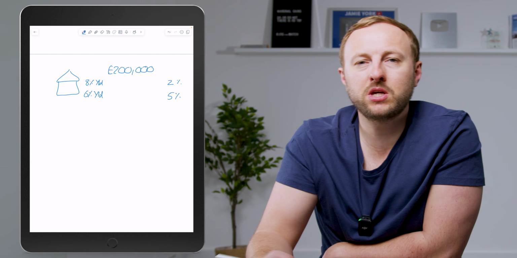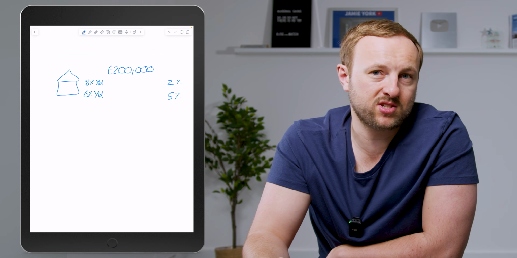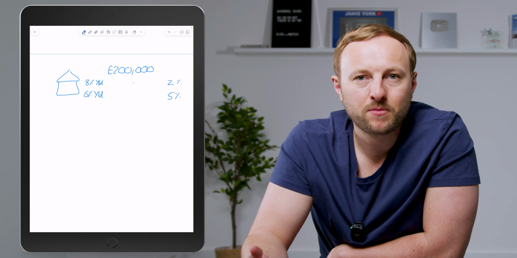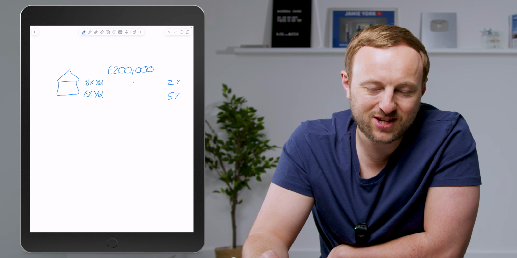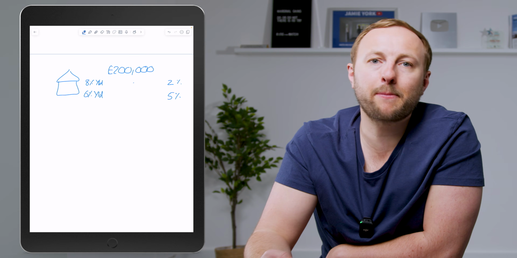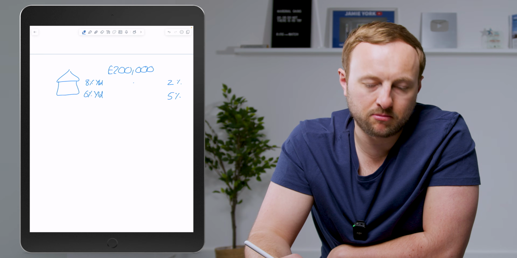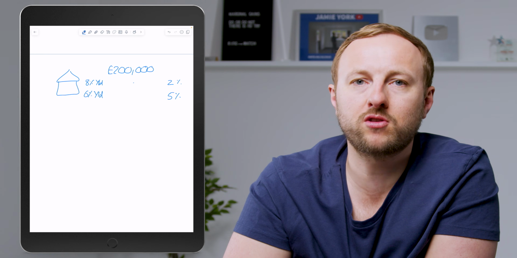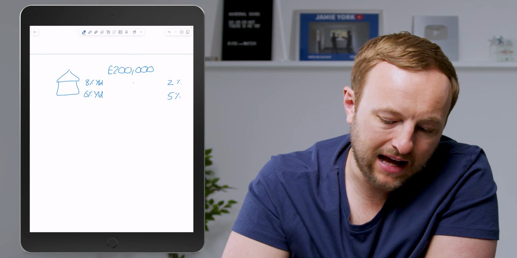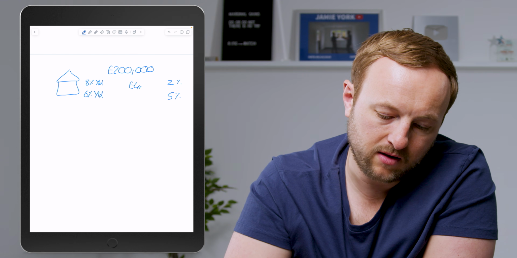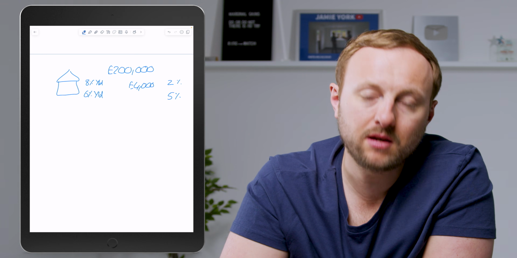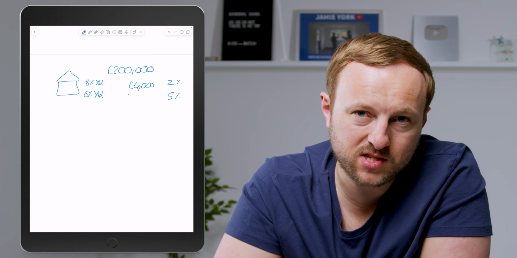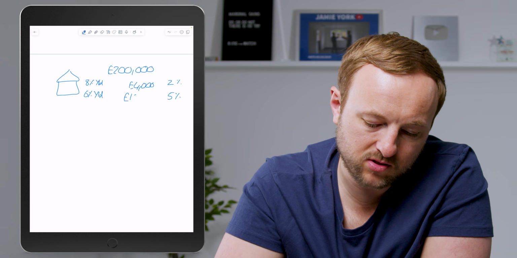Now, what a lot of people would do is go, well, obviously the 8% is better. Obviously not you if you're watching this right now. But actually, the capital growth is what really makes the money, because that £200,000 property adds another £2,000 in the first year in equity, because 2%, and the 5% gets another £10,000 of equity.